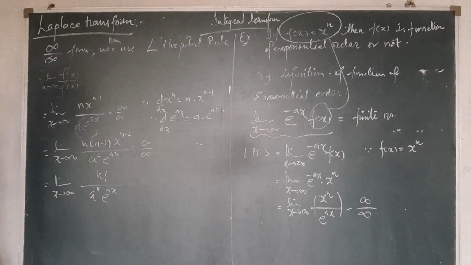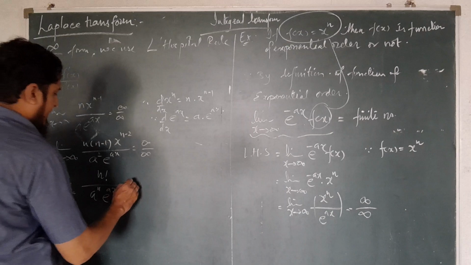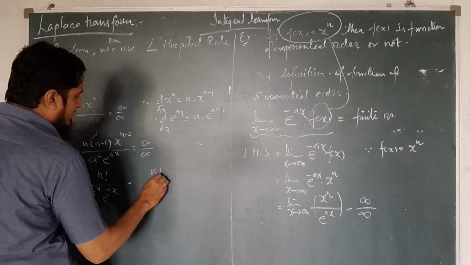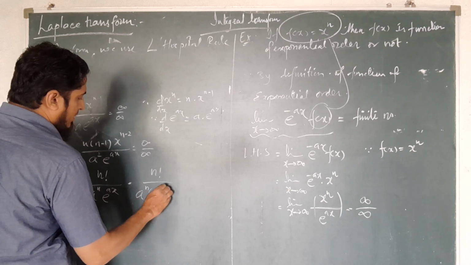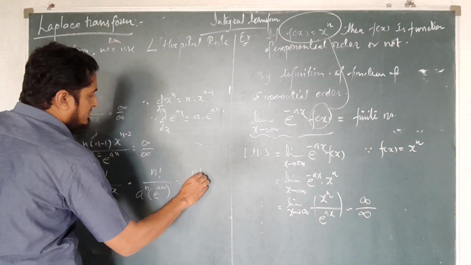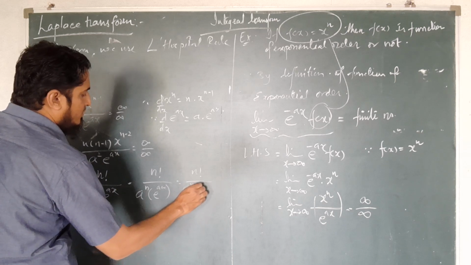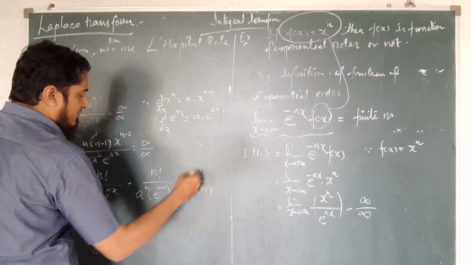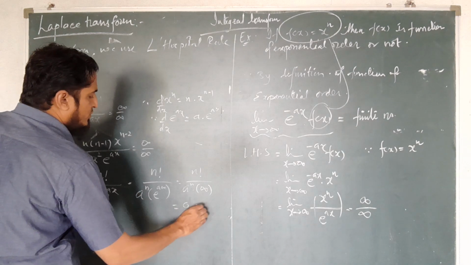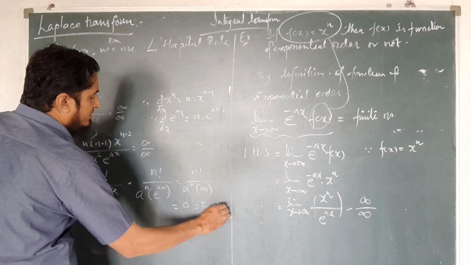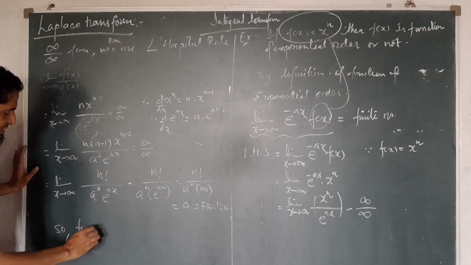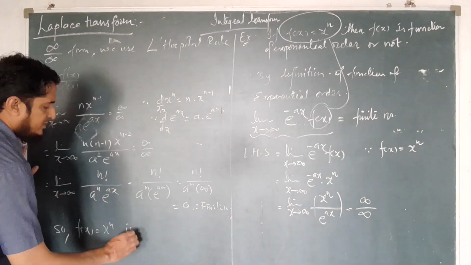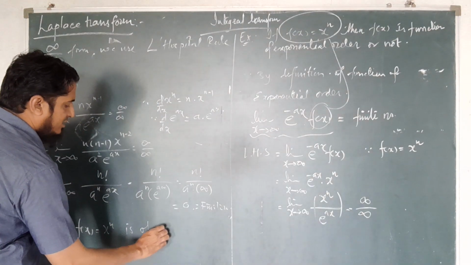After putting the limit of x, we will get n factorial upon a raised to n and e raised to a into infinity, which will give us a raised to n into infinity, and if we simplify we will get 0, which is a finite number. So we can say that f of x equals x raised to n is of exponential order.